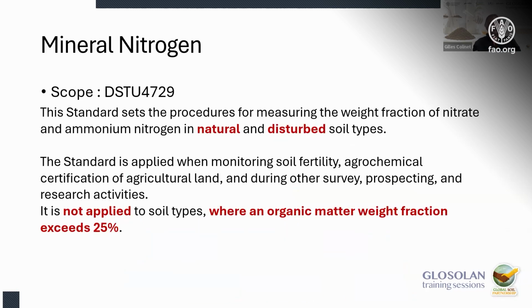So I will first begin with the general scope of the Ukrainian method, and then I will look at what we changed. The DSTU 4729 from Ukraine is referenced as procedures for measuring the weight fraction of nitrate and ammonium nitrogen.